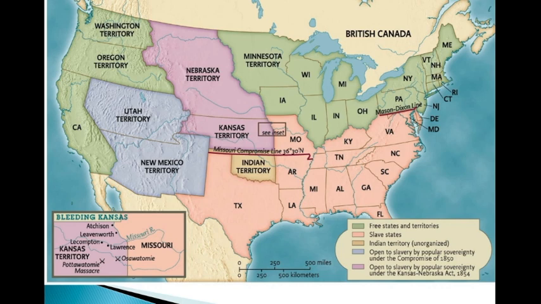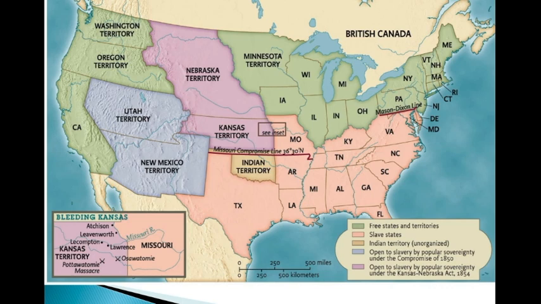Well, this act changes all of that by making the status of the territory provisional, meaning the voters in this territory could decide whether the state could be free or slave.